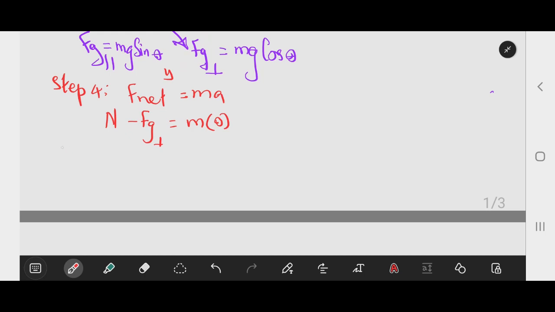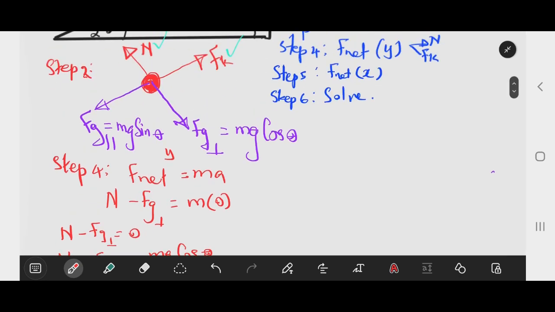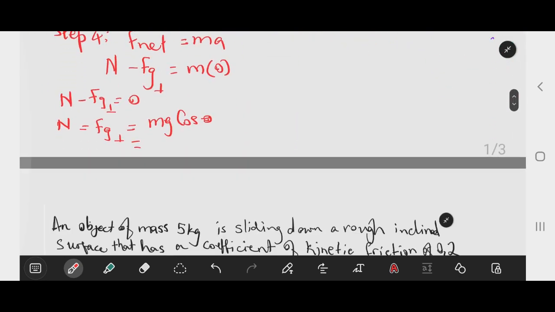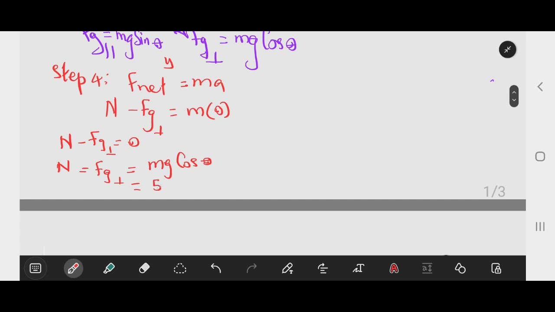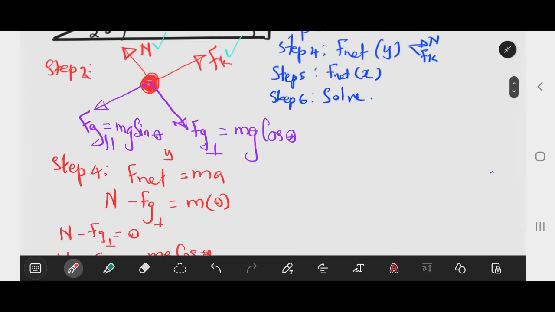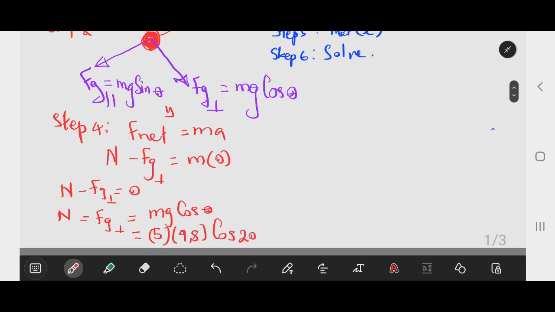Okay, so we now have normal force minus Fg perpendicular is equal to 0, and our normal force is equal to Fg perpendicular, right? But we do know that Fg perpendicular is equal to mg cos theta. So in this case, the mass was given as 5 kg, and g is 9.8, and the angle of inclination in this case is 20 degrees.